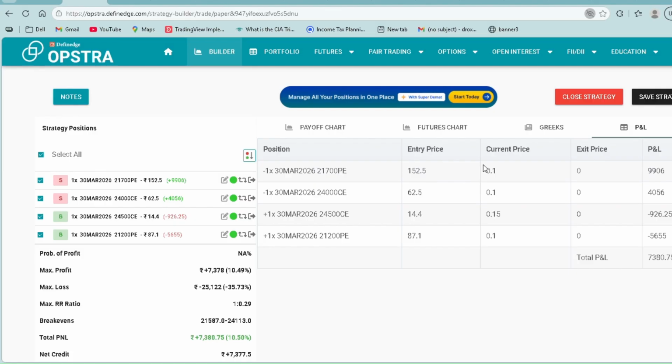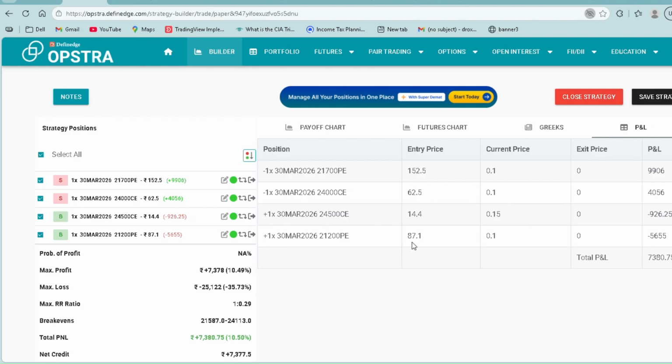My entry price is 152.5, but the price came down to 0.1, that is I made 9,900 rupees, and the 24,000 call, which I sold at 62, came down to 0.1, I made 4,056 profit, and the 24,000 call I bought at 14 rupees and I lost 900 rupees.